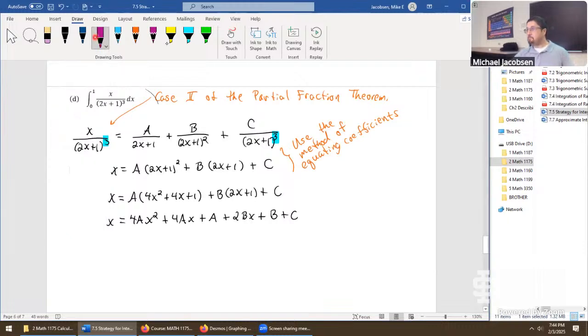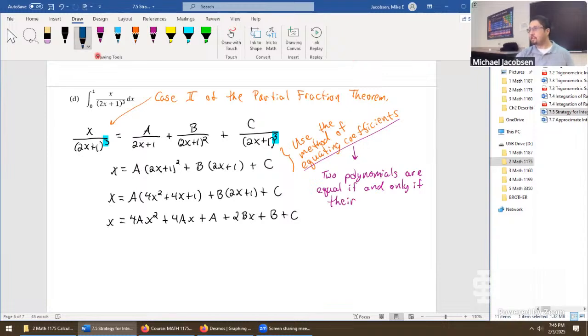Okay, now that we have that down, we should say what the punchline is in the first place when we're using the method of equating coefficients. So the idea here is that two polynomials are equal if and only if their coefficients are equal.